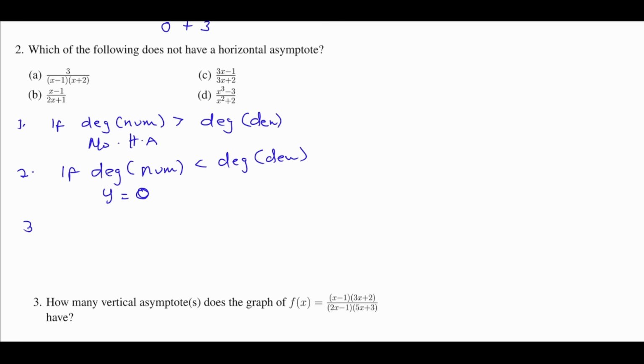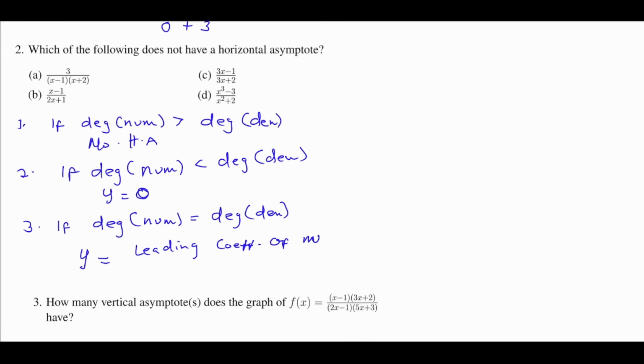And then the third point is that if the degree of the numerator is equal to the degree of the denominator, then we say our horizontal asymptote y is equal to the leading coefficient of the numerator over the leading coefficient of the denominator.